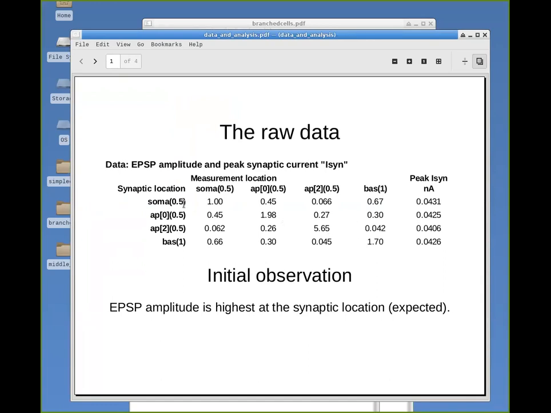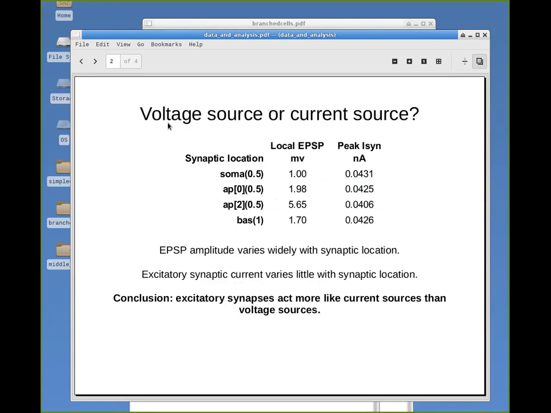But let me just go ahead and gather the local depolarization, the depolarization at the point of synaptic attachment, and the peak synaptic current delivered by the synapse as a function of where the synapse is located, okay? So if the synapse is located in the soma, you get a millivolt depolarization. If it's located at the apical 0, you get almost 2 millivolts.